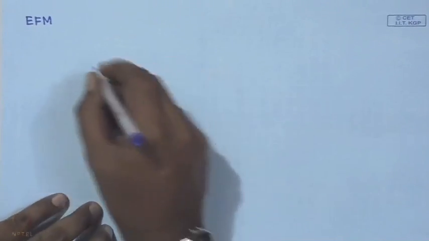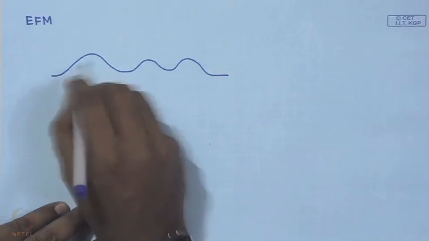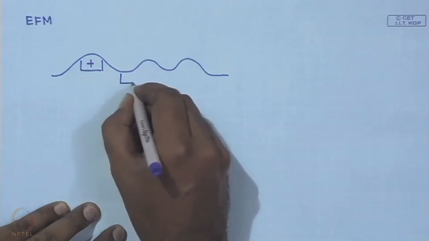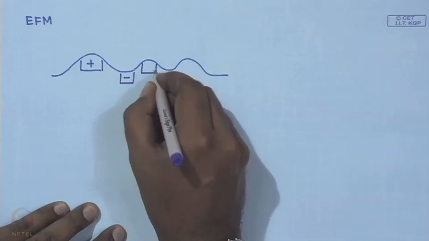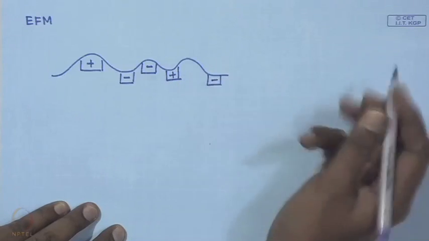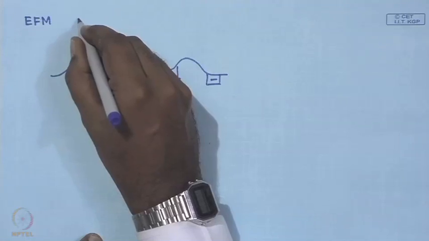Even with understanding all this, if you do a scan with this probe as well as the circuit through which the bias is given along the contours of the surface, let us say this is the contour of the surface, and here you have some positively charged domains, here you have some negatively charged domains, and you give, let us say, a positive bias. So, your tip is now positive.